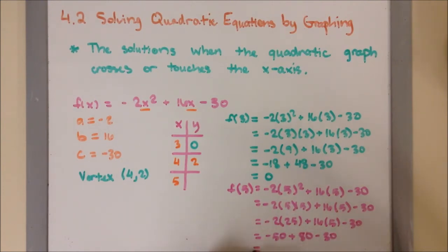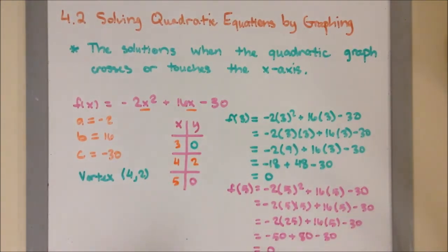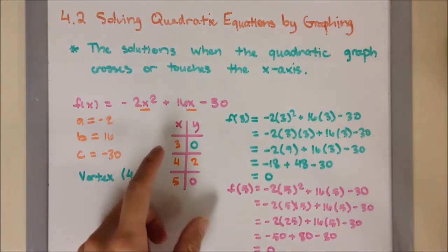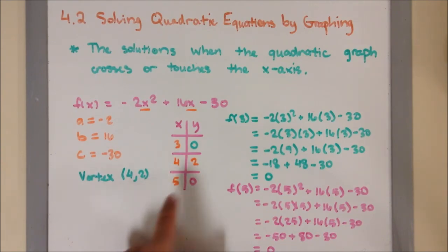Starting from my left, negative 50 plus 80 will be positive 30. Positive 30 minus 30 will be 0. So my last point is 0. So there's our XY table for our 3 points in order to graph. Our first one is 3, 0. Our vertex is 4, 2. And our last point is 5, 0.